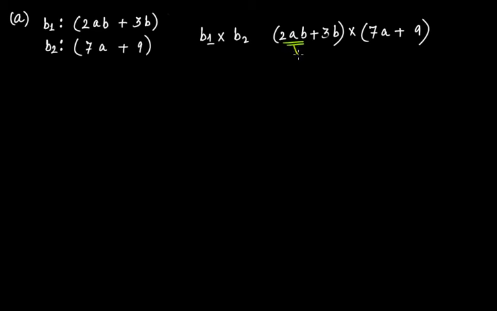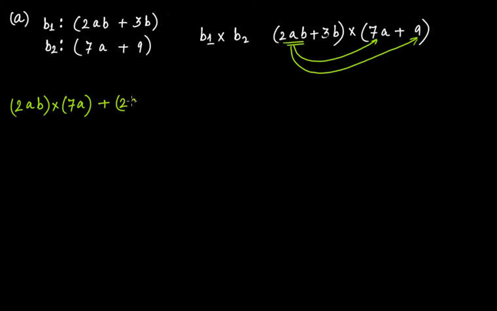Take this first term and multiply it with the first term of the second binomial. So you get 2ab multiplied by 7a. Then again take this first term and multiply it with the second term of the second binomial. So this is 2ab multiplied by 9, right?